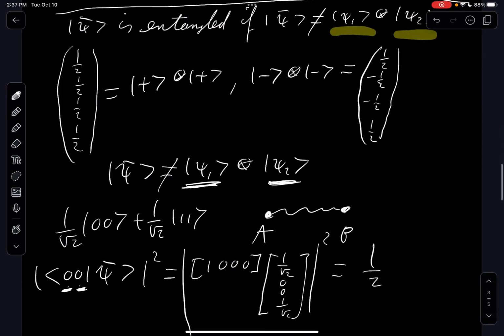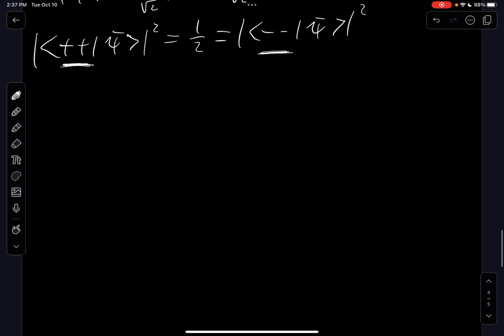Okay, so I gave a quick introduction to single qubit states, how to write them down as vectors, how to interpret these coefficients that they have. Then I discussed the tensor product, which allows you to extend to multiple qubits. And then we saw that there are examples of states that cannot be written as the tensor product of two individual qubits.